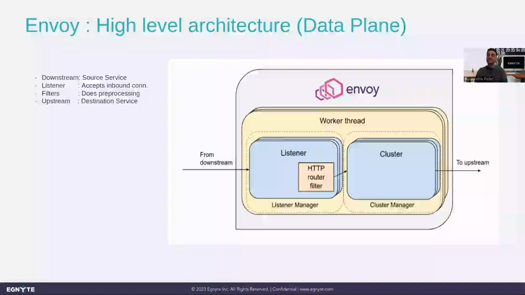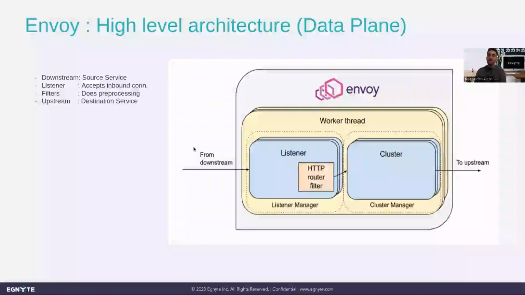The listener accepts the traffic inbound, does some pre-processing on the request, and runs it through a set of filters like the router filter, the rate limiting filter, distributed tracing filter, logging filter, authentication and authorization filter, and so on. After applying those filters, it passes it on to the cluster. You can think of a cluster as a collection of endpoints of a similar or logical service. In our case, we can think of the cluster as a collection of instances or endpoints for the API service.